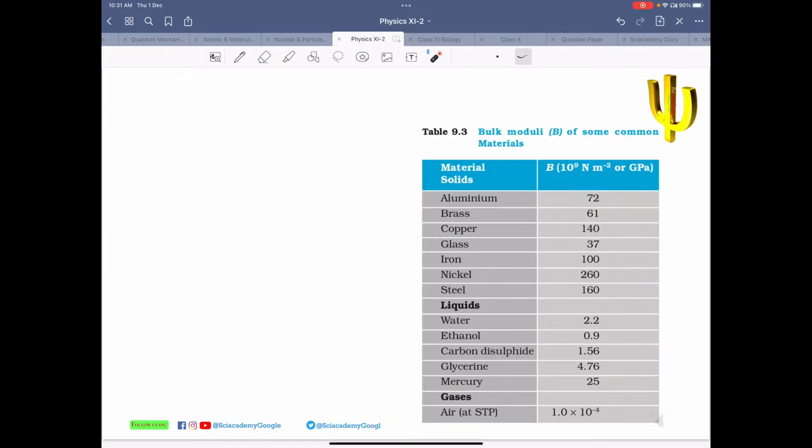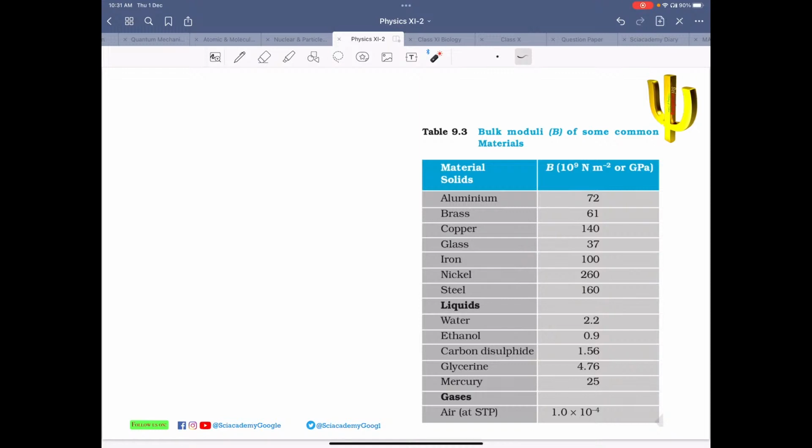Why does it happen? Why is there a large bulk modulus for the solids and less for the liquids and gases? This is because in solids the attraction between the atoms or molecules is strongest.